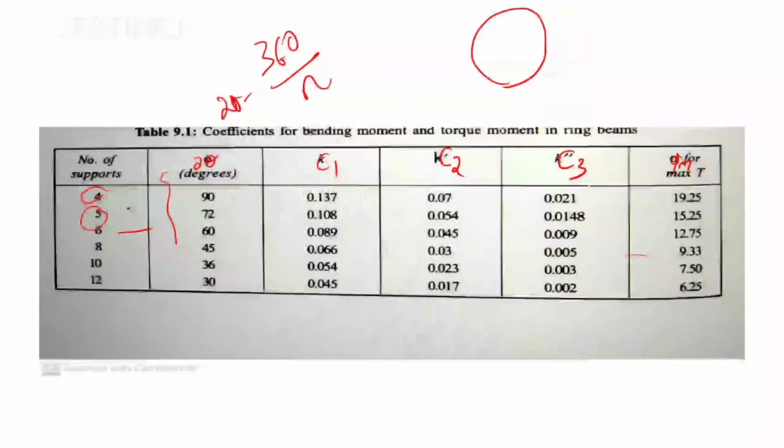So let us take 6 supports, you will get 60 degrees, which is represented here. And for 4 supports, it is 360 by 4, which gives 90. The corresponding constant values C1, C2 and C3, the angle at which the torsional value is maximum, and the maximum torsional value are also mentioned here.